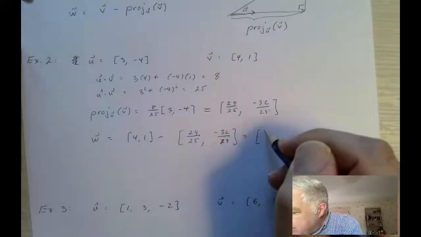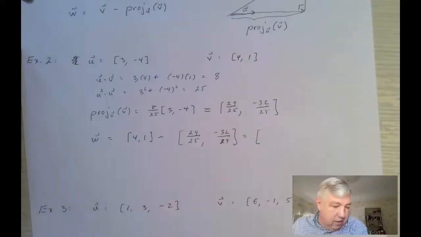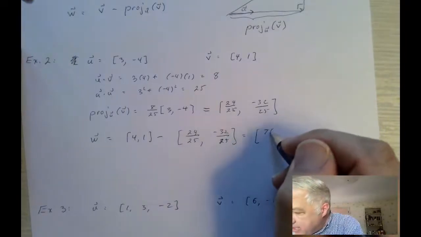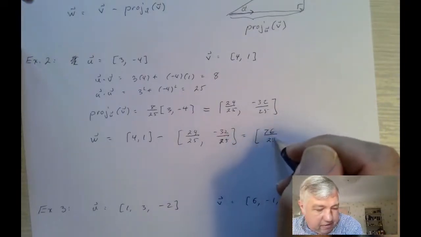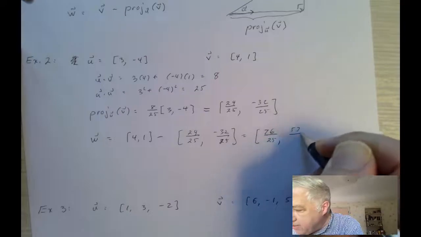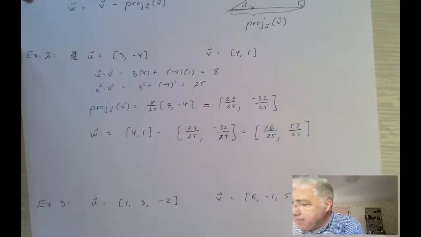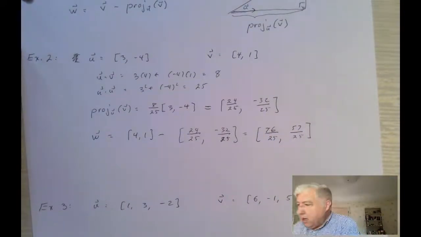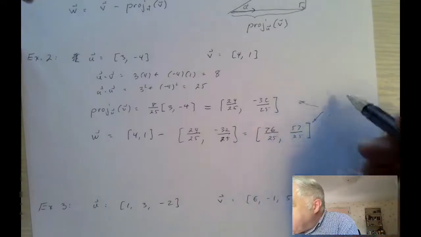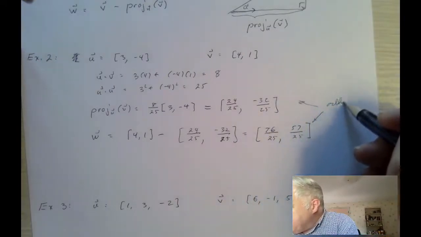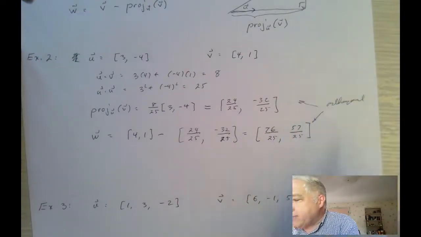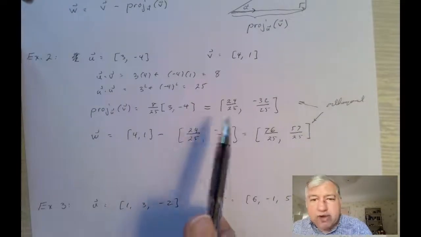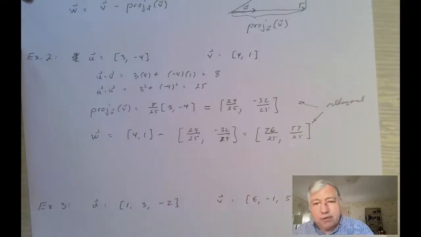My arithmetic shows, get a common denominator, I think this turns out to be 76/25 and 57/25. And you can check on your calculator that these two are orthogonal, or you can first factor out the 1/25. You'll see they're orthogonal. The dot product of these will be 0.